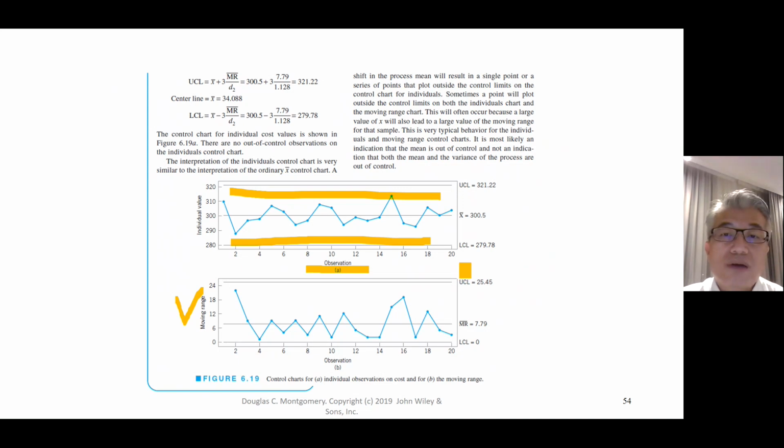So if it plots outside the control limit, it likewise also shows up in the moving range chart. It is most likely an indication that the mean is out of control, and not an indication that both the mean and the variance of the process are out of control.